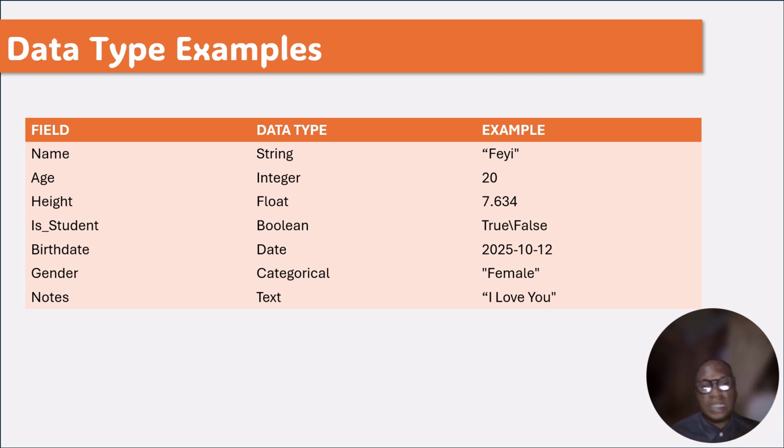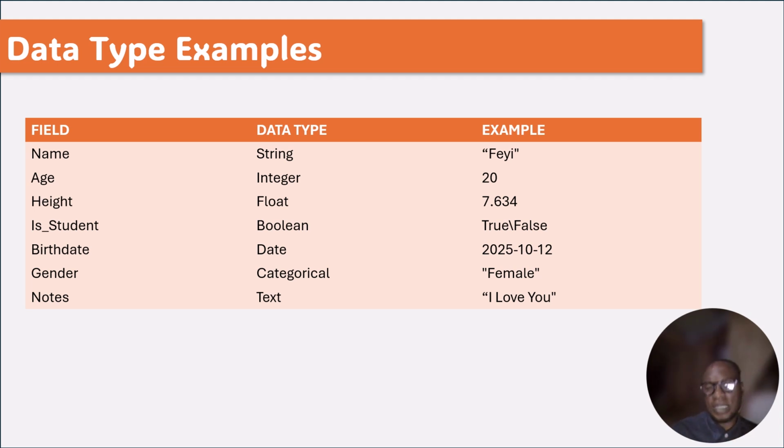In the fields or variables, we have the name, age, height, whether the person is a student or not, then birthday date, gender, and notes.